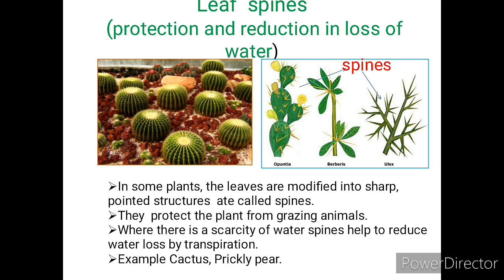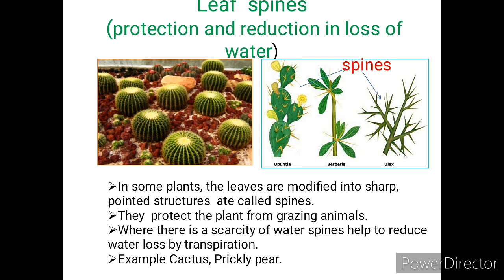A very important function of this type of plant is that it reduces transpiration. What do you mean by transpiration? It means water loss. This type of modification is mostly seen in plants found in desert areas, where there is scarcity of water, or where the climate is very dry.